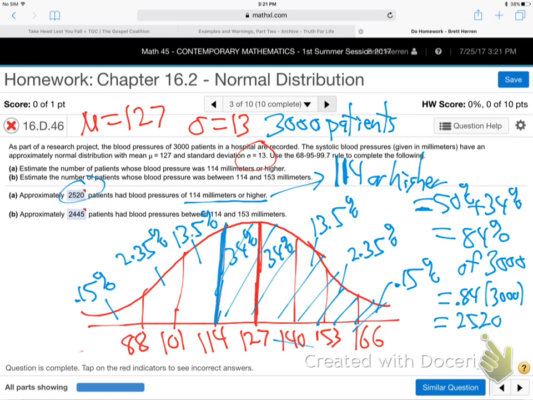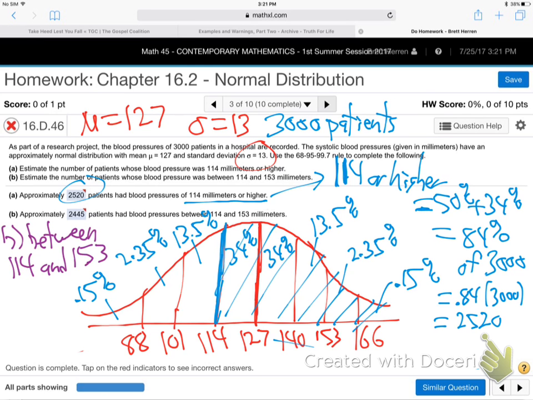Question B. How many patients had, so question B, let me change the color. So question B says between 114 and 153.